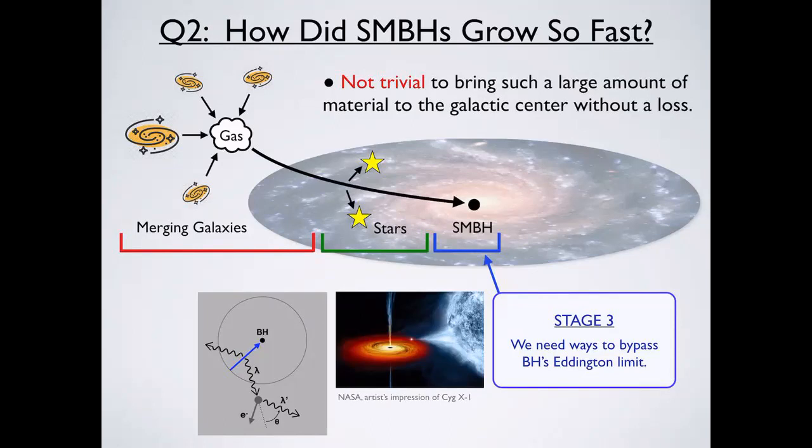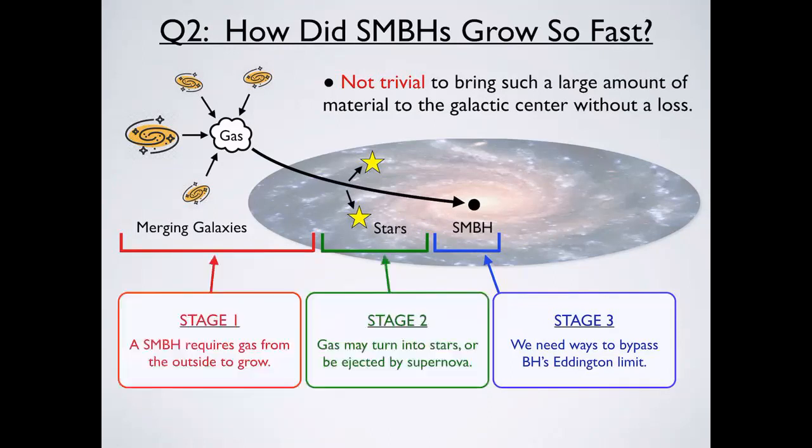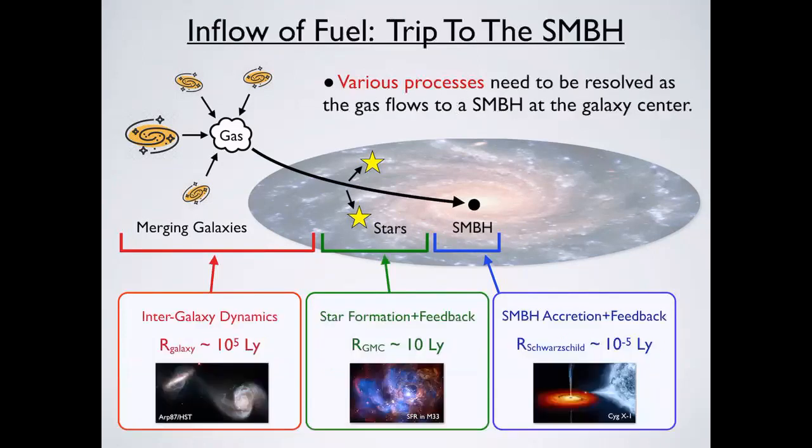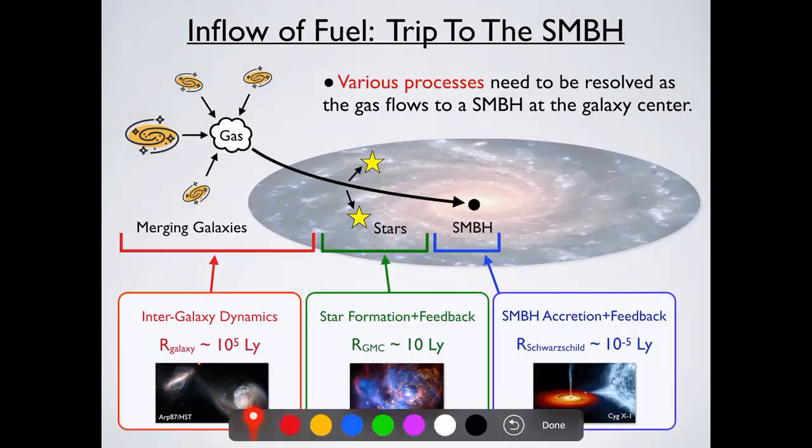And this Eddington limit is something that we have to overcome to really grow this black hole fast enough for it to reach 10 to the 9 solar masses at redshift 6. So these three stages have to be considered in any theoretical evaluation or any computational calculations. So, galactic dynamics for the star formation and feedback process in the second part here, and the supermassive black hole accretion and feedback to explain the third stage.